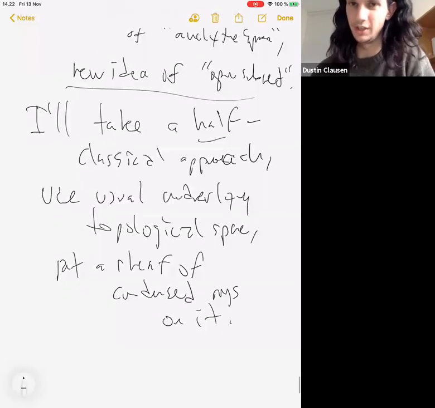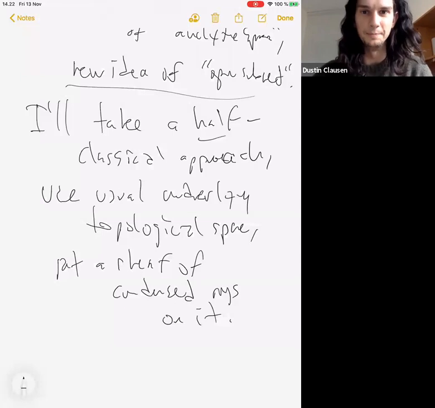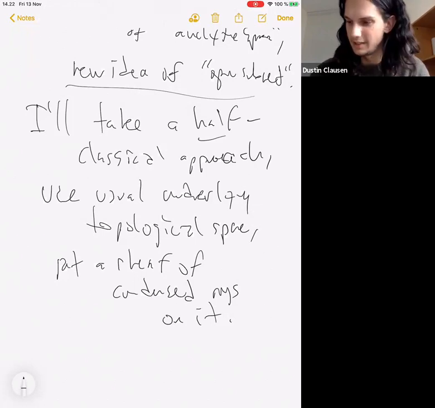And then the quasi-coherent sheaves will be certain kind of condensed modules over that condensed ring.